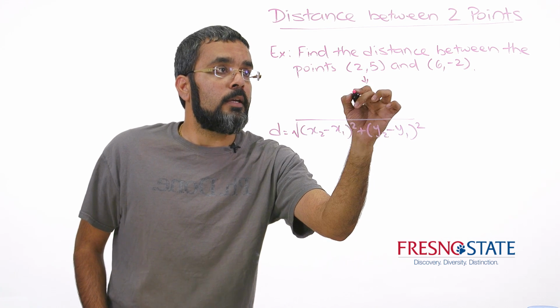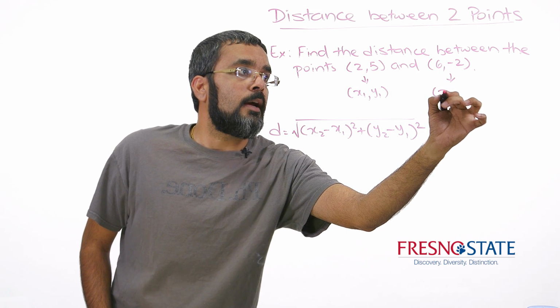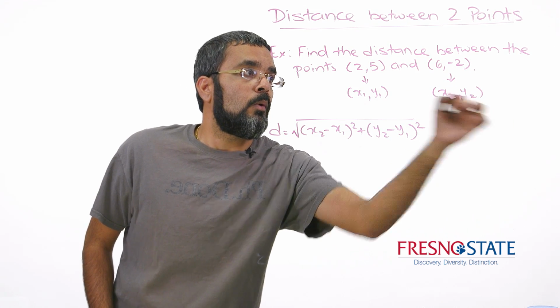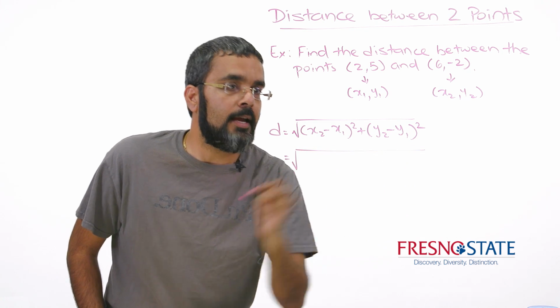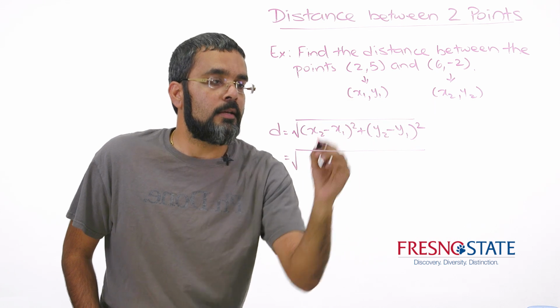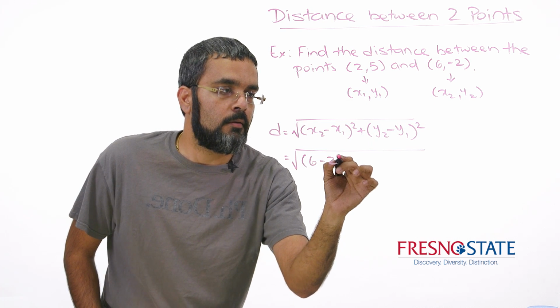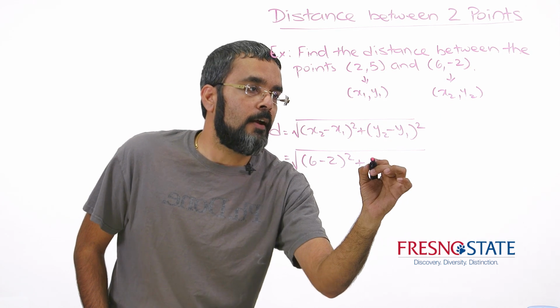I'm going to pick this one here as x1, y1, and this point here as x2, y2. If I substitute those values, I get d equals the square root of (6 minus 2) squared plus (negative 2 minus 5) squared.